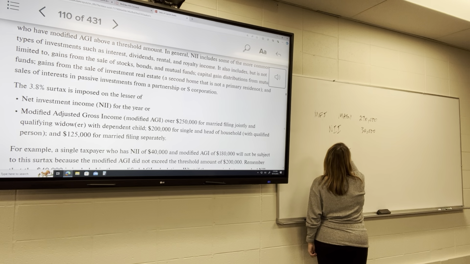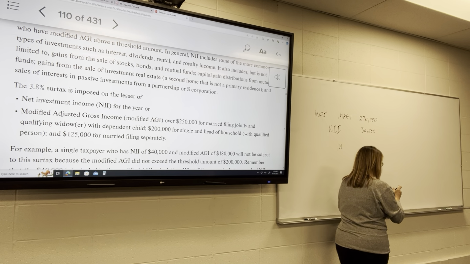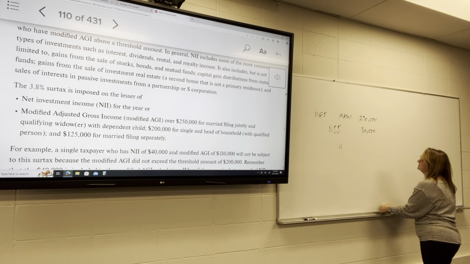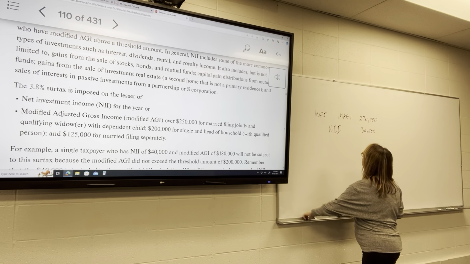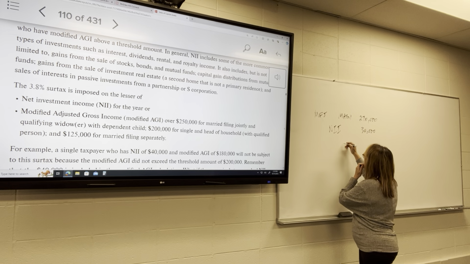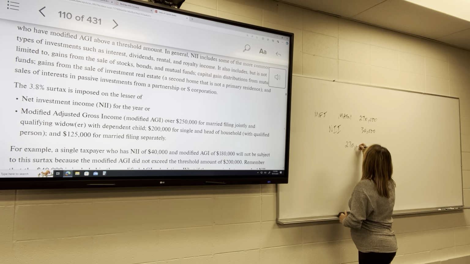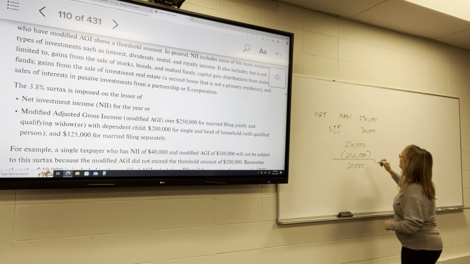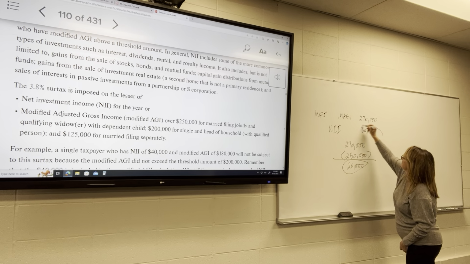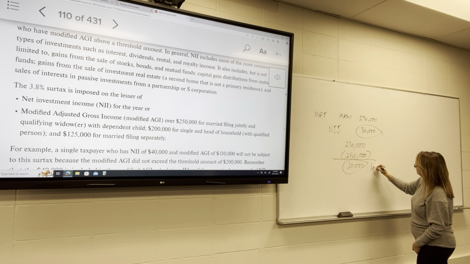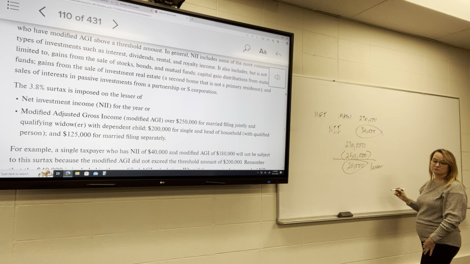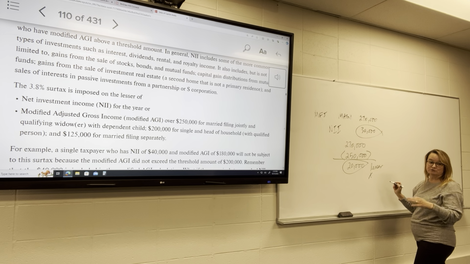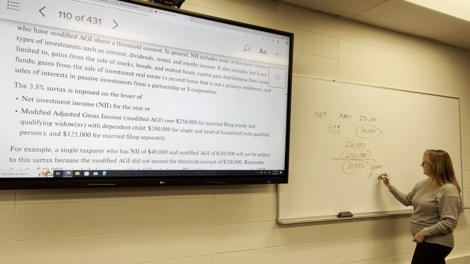So take the modified AGI minus the threshold, that's based on filing status. Compare that to the net investment income and take the lesser of those two, which is subject to the net investment income tax, times the 3.8%.